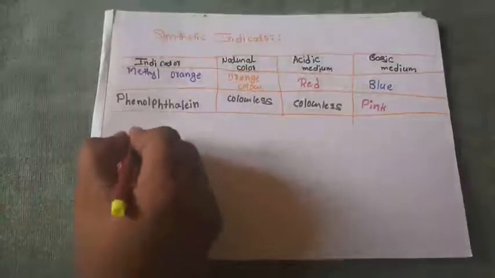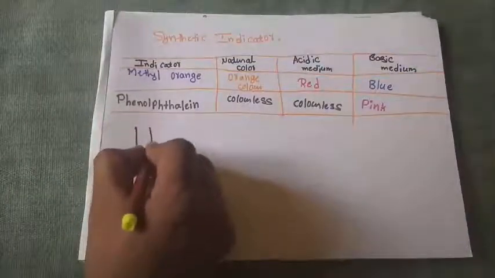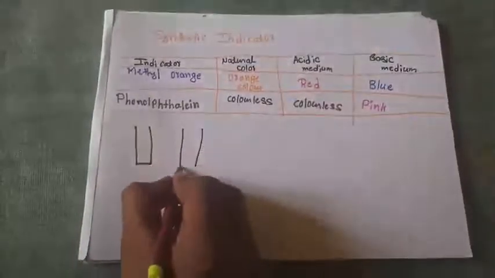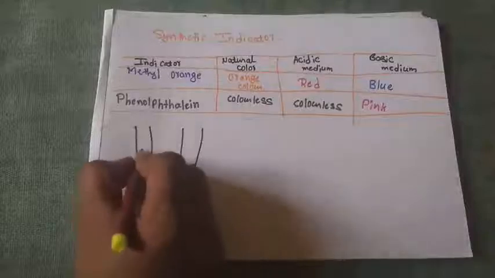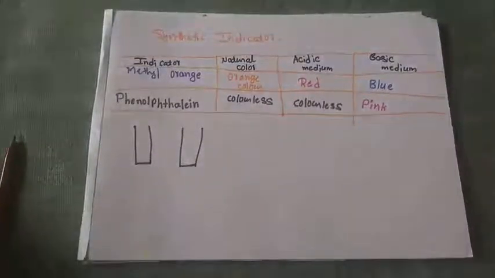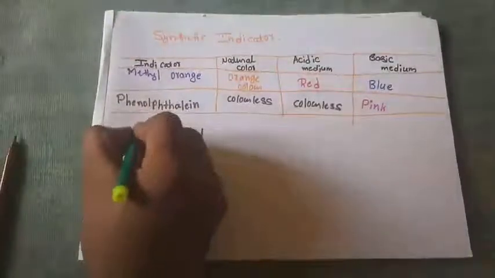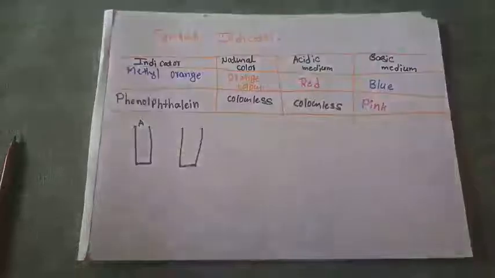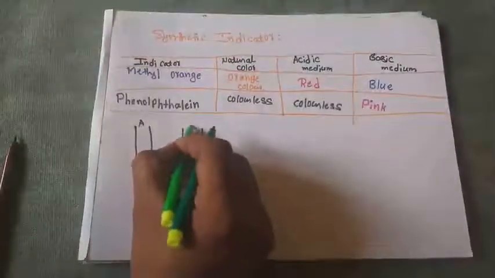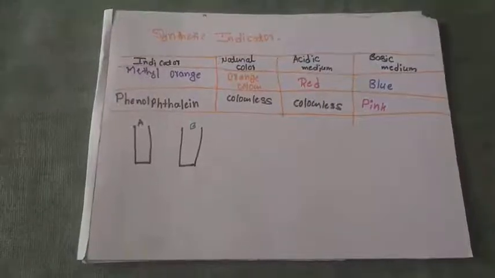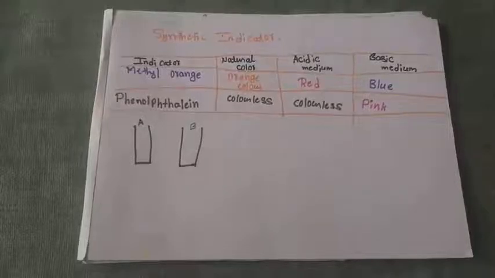Now take two test tubes. Name these two test tubes as test tube A and test tube B. One test tube is A, another test tube is B. Now take some substances.